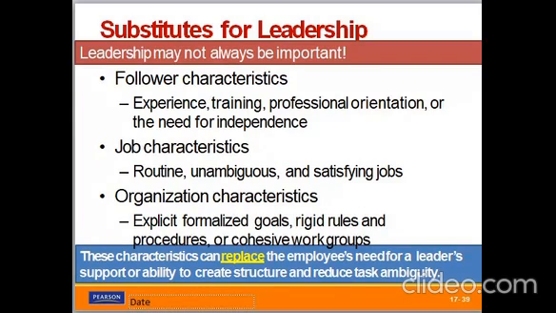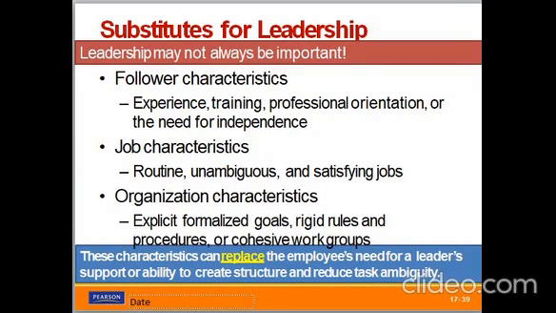Similarly, if the job or work is simple, routine, and more satisfying, in such a case also leaders are not very important. Thirdly, if organizations have cohesive, united work teams and suitable SOPs or rigid rules, in such cases also they don't need any person to supervise or control.